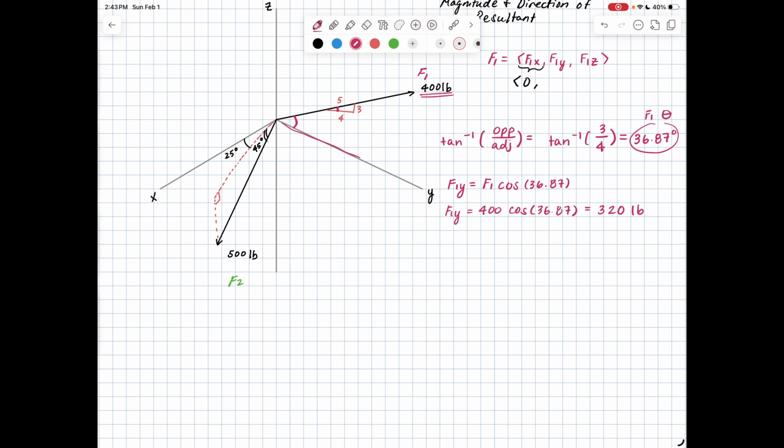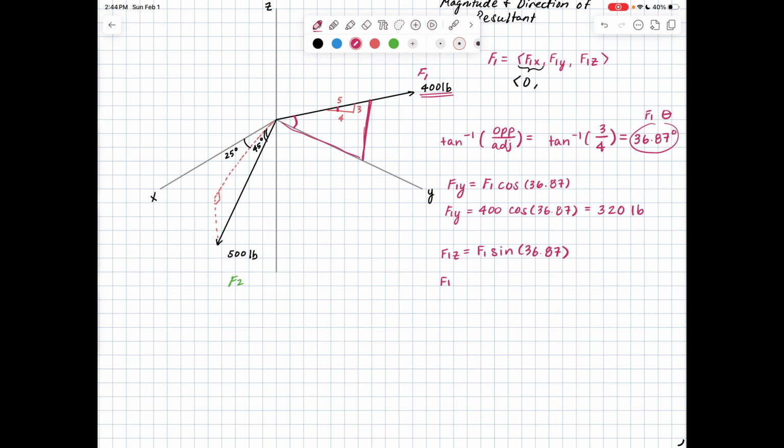Now for F1z, I'm going to have to take the magnitude of F1 and multiply it by the sine of 36.87 because we're looking for the opposite side from the angle. So that would be sine.